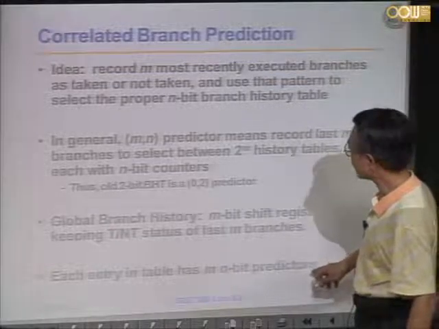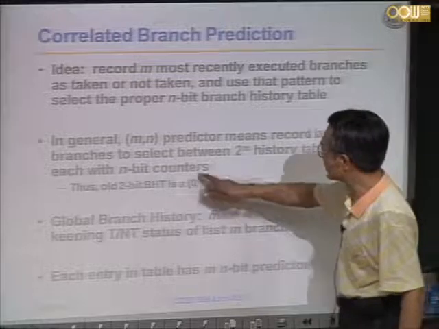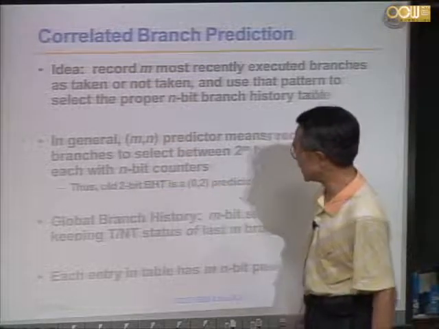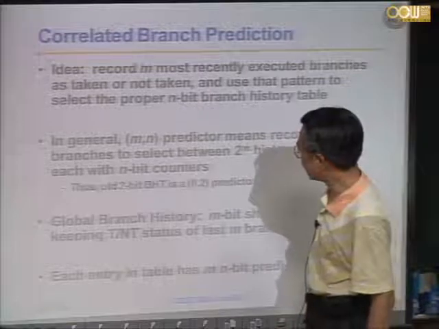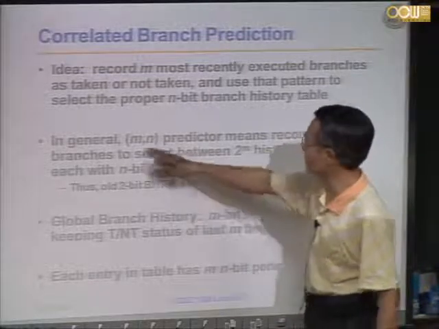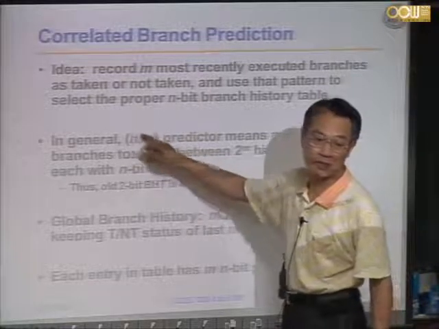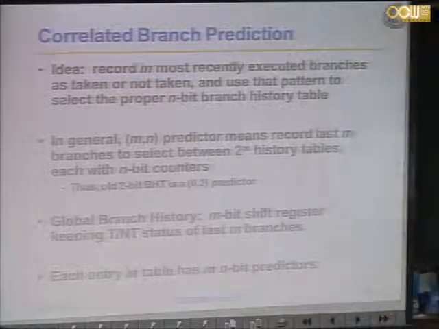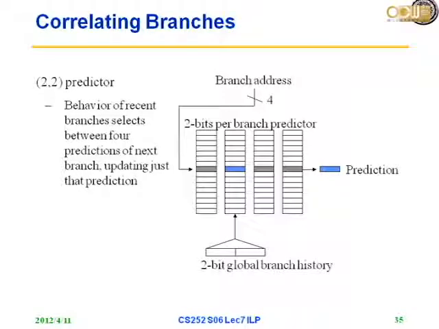All the predictors are n bit. Oh, I'm sorry, this n could mean the number of bits we used. The number of entries maybe is not shown in this representation. Well, whatever, read the book. Okay, so this is a global branch history.